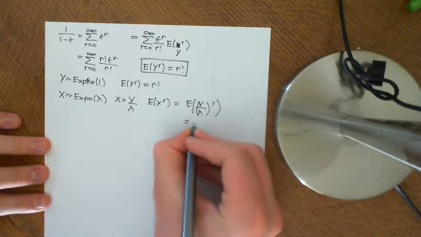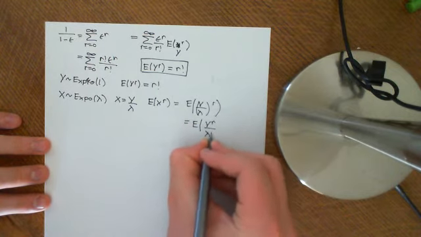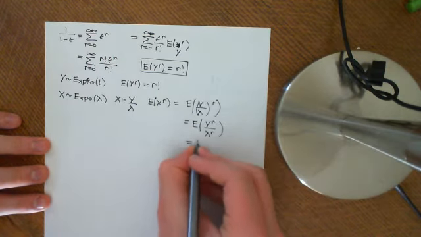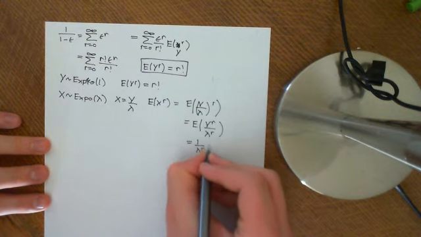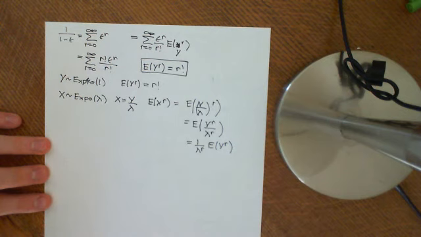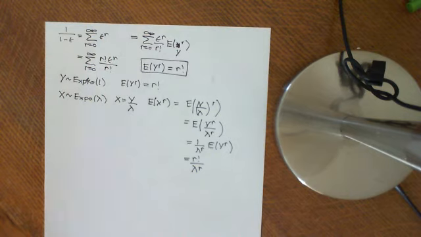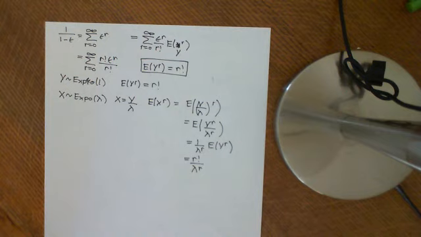This is equal to the expected value of y to the r over lambda to the r. Pull out the lambda to the r by linearity, and we get 1 over lambda to the r times the expected value of y to the r, but we have just calculated the rth moment for a standard exponential. It's r factorial, so we get r factorial over lambda to the r. So that is the application of a moment generating function to calculate the rth moments of a random variable that is distributed exponentially.